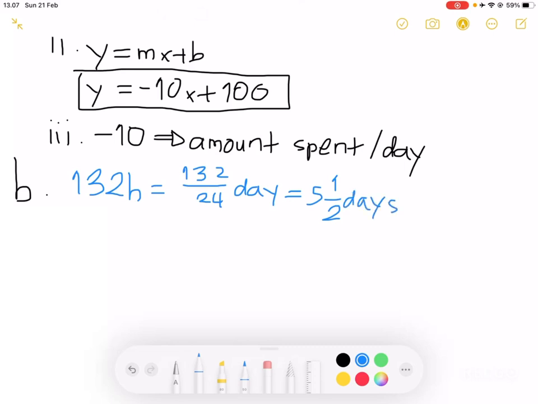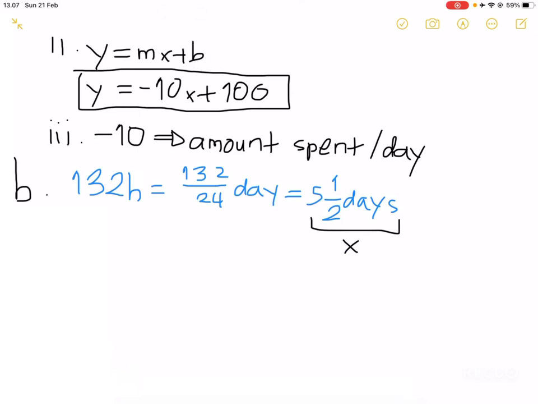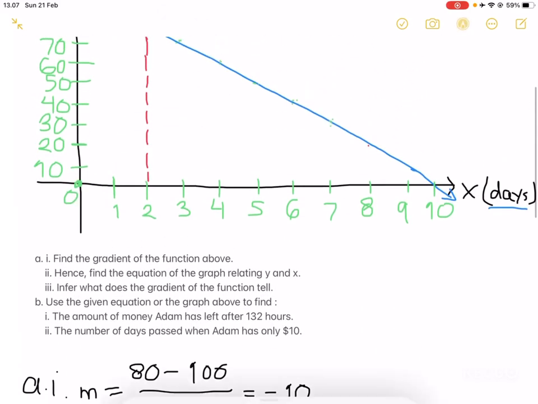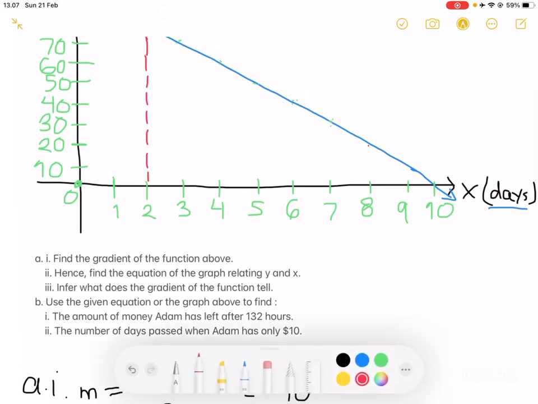Now I can just substitute this value for x right here, or you can just use this graph to find what y is supposed to be when x equals 5.5. So I just draw a vertical line intersecting the x-axis at 5.5. Let's just draw this.